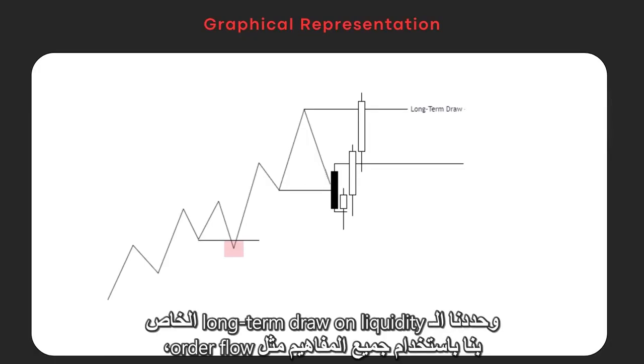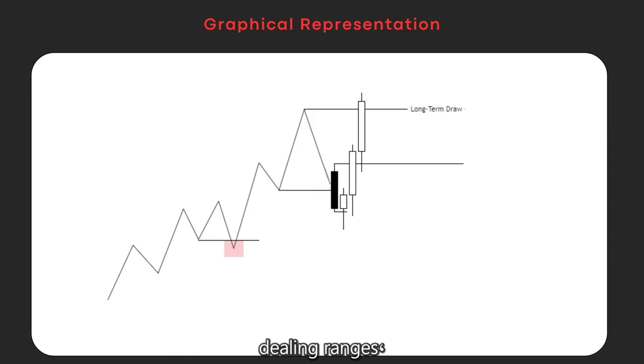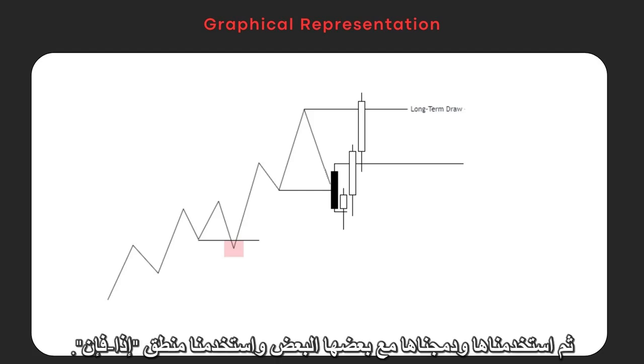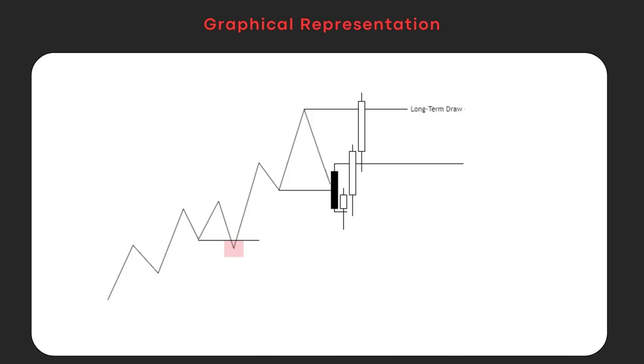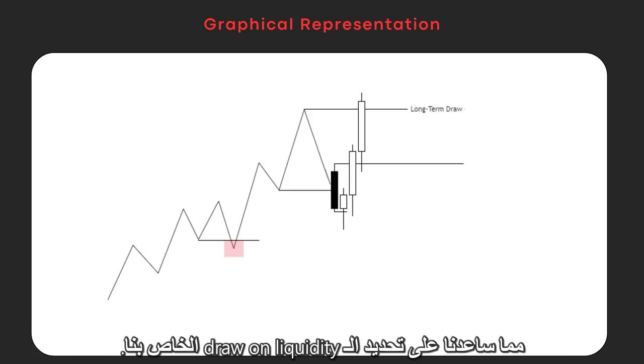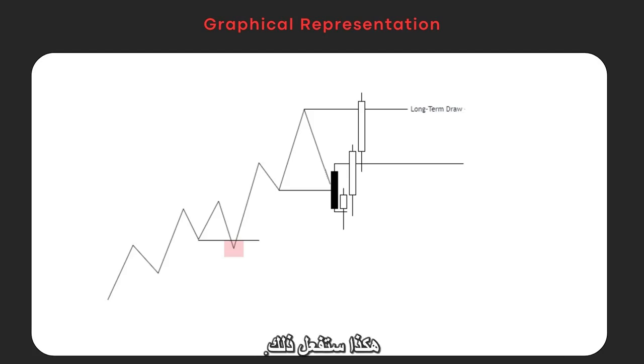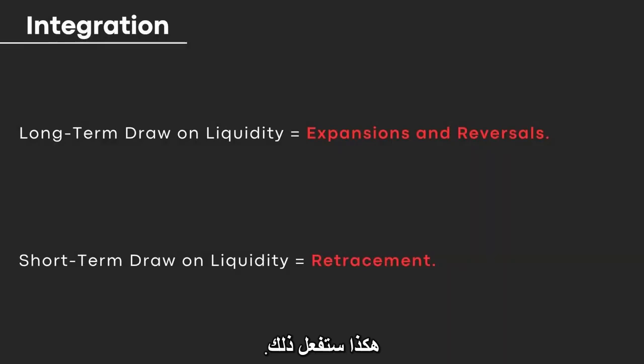We determined our long-term drawn liquidity by using all of the concepts like order flow, dealing ranges, candle ranges, and market profiles, and then we combined and integrated them with each other and used the if and then logic, which helped us determine our drawn liquidity. That's how you're going to do it.